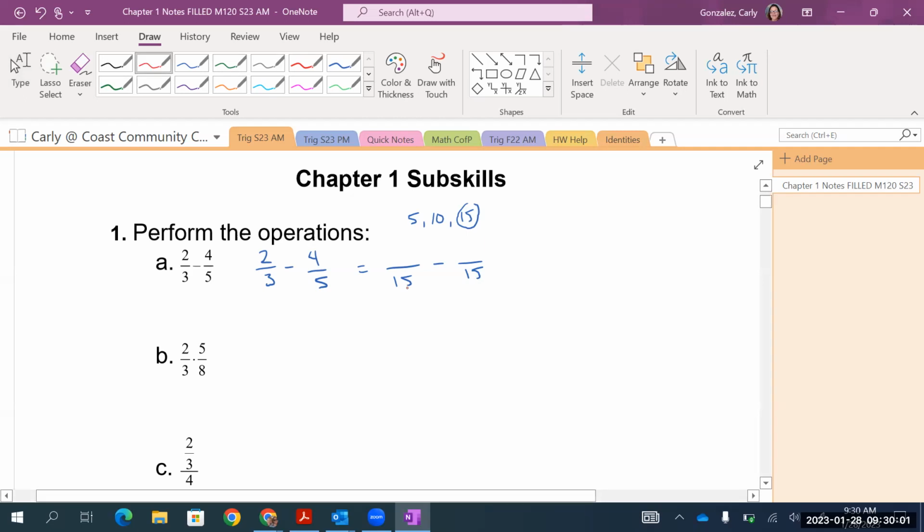So 3 times what gives me that 15? 3 times 5. So now I can multiply top and bottom of this fraction by 5. Now I have 2 times 5 is 10. So 10/15 is equivalent to 2/3.